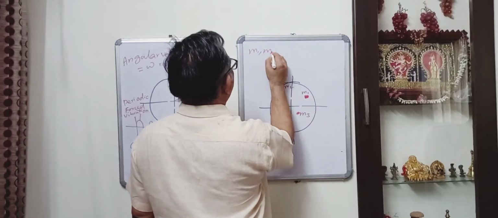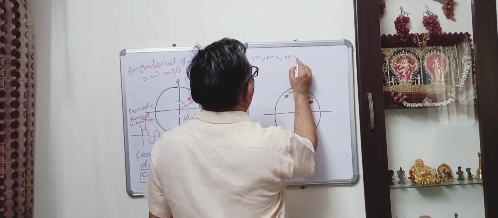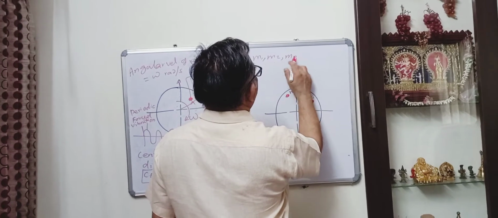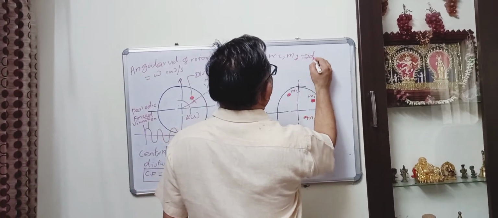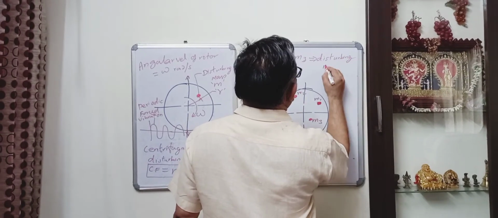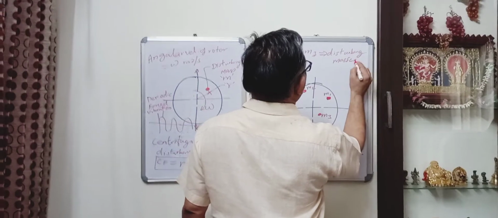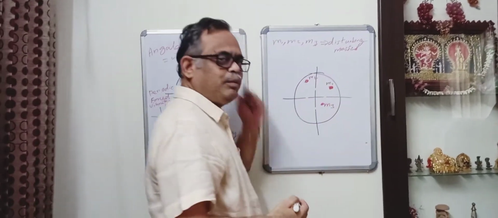M1, M2, M3 are disturbing masses, right? In the earlier case, where there was only one disturbing mass, now there are so many disturbing masses.